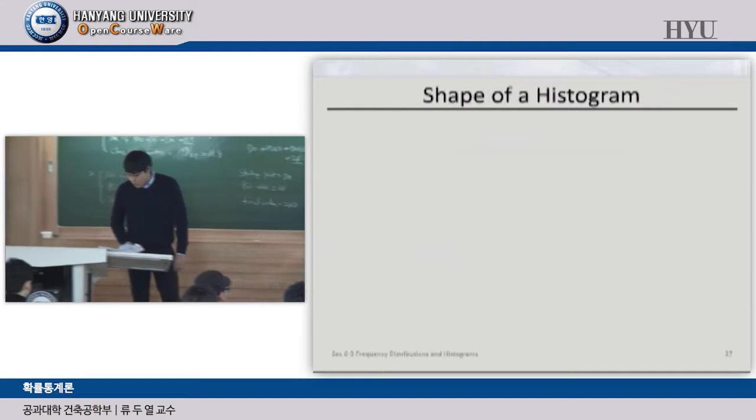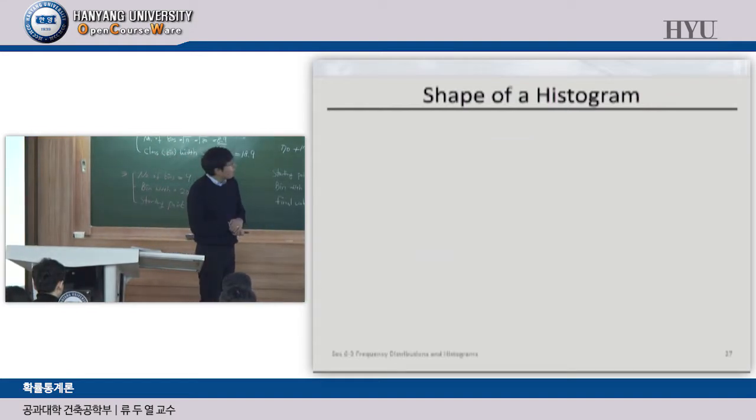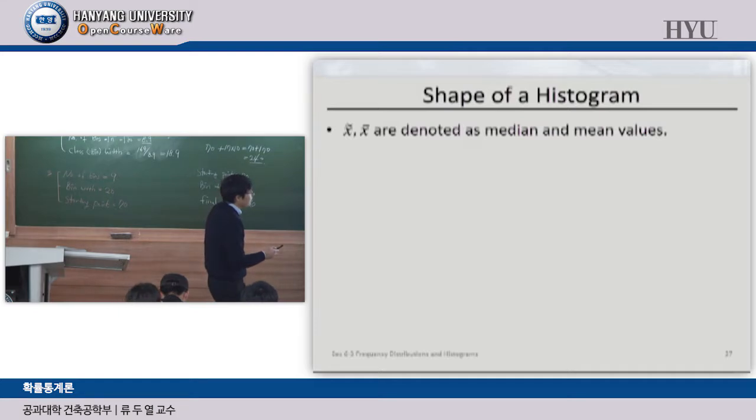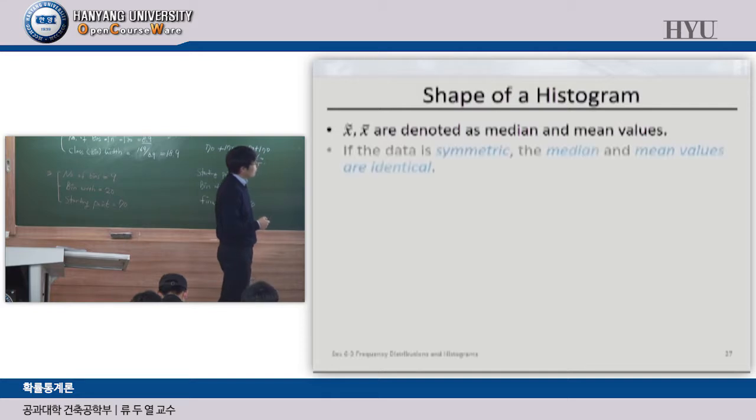Now we are going to discuss the shape of a histogram. X tilde is the median, and X bar is the mean. Median is called 중간값 in Korean, and mean is called 평균 in Korean. We can say mean is also the average value. So X tilde denotes the median and X bar denotes the mean value.